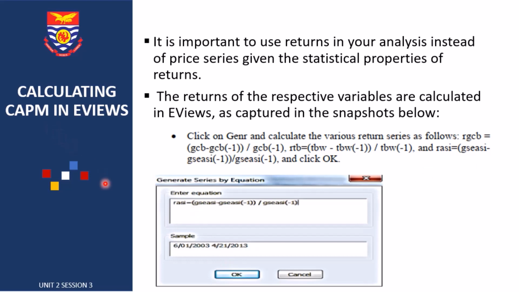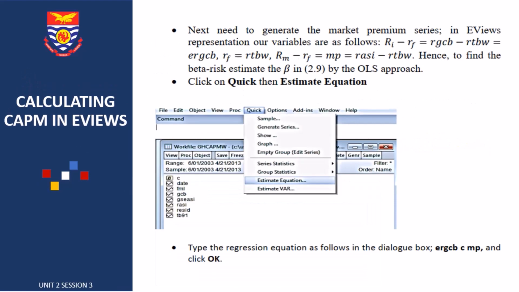Now, after forming our return series, we can model or estimate our model. After generating our returns, we also need to generate the market premium series in our EViews application. This is our model, which is RI minus RF, as we have already established.